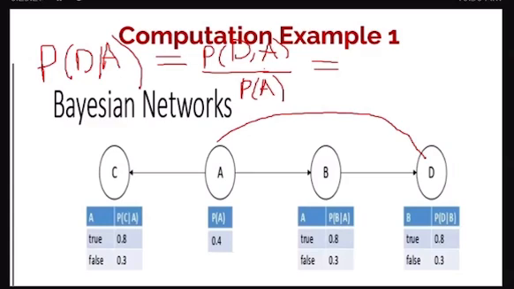What is that? B. So the numerator here can be partitioned into D, B, comma A, plus D, B complement, then A. Let me write it there.